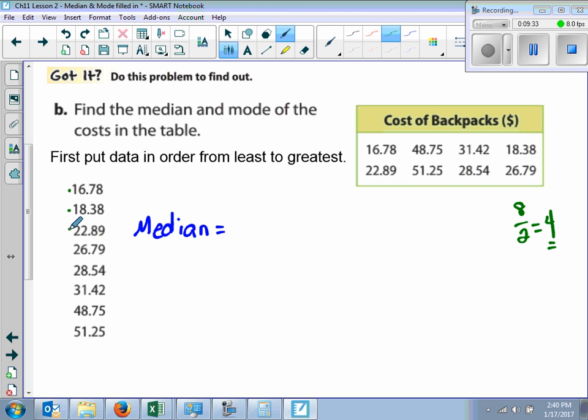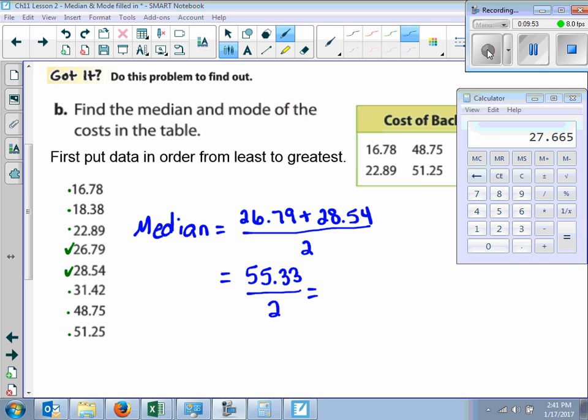So 1, 2, 3, 4, and 1, 2, 3, 4. So $26.79 and $28.54 are the 2 middle numbers. So we need to add those 2 numbers and divide by 2.